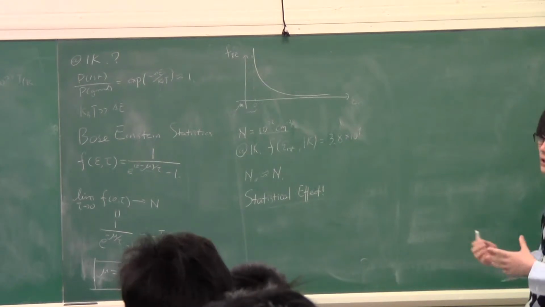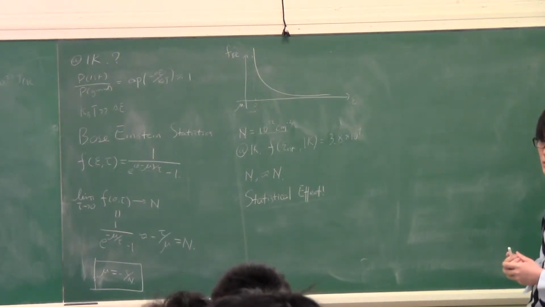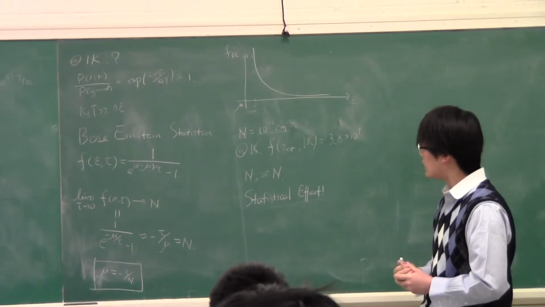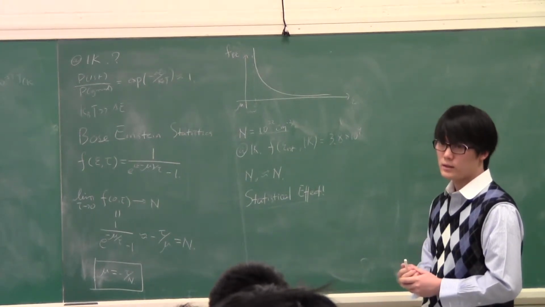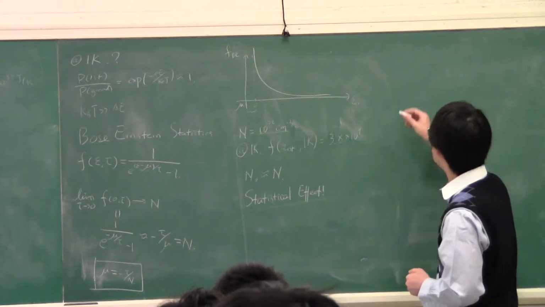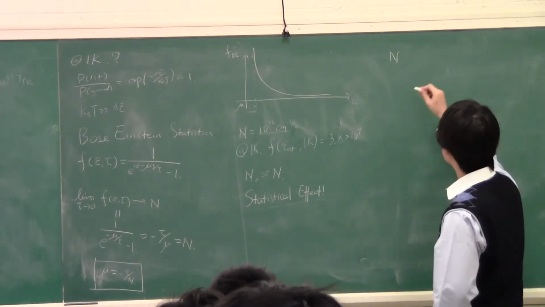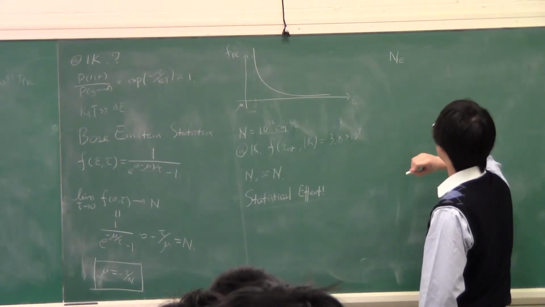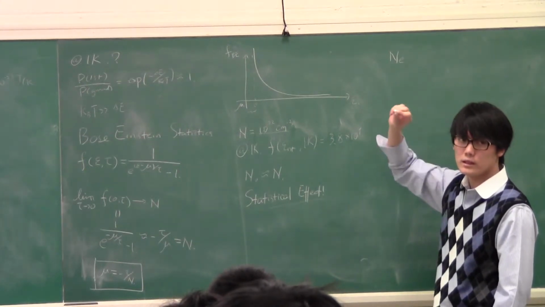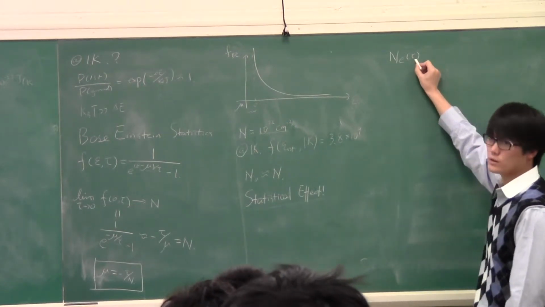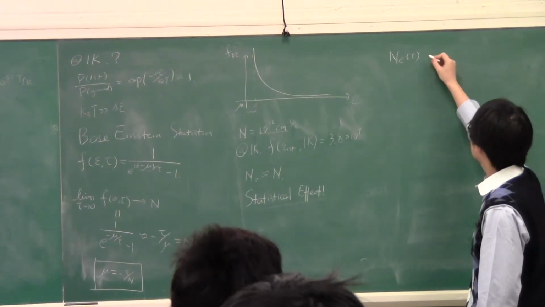To really calculate Bose-Einstein condensation, we need to think about what is the total occupation number of the excited states. It is possible, by doing a not so trivial integral, to calculate the total number of particles in all of the excited states at temperature tau. And this tau is the temperature measured in energy.